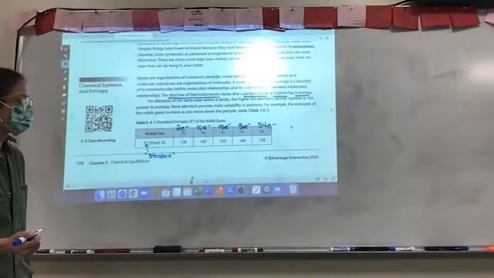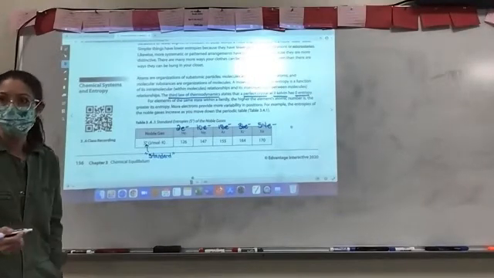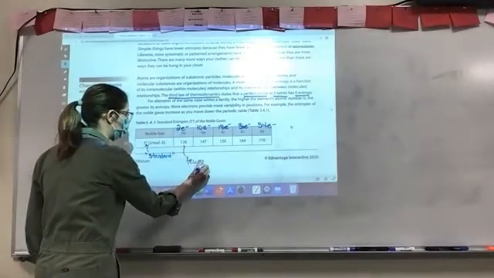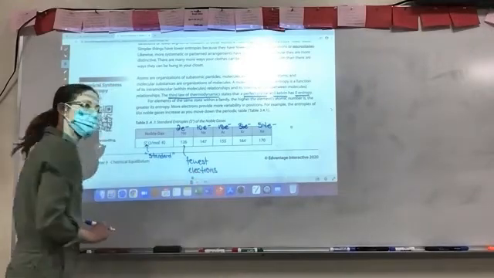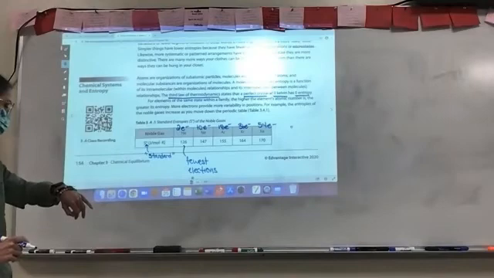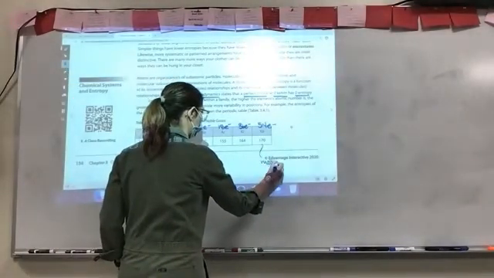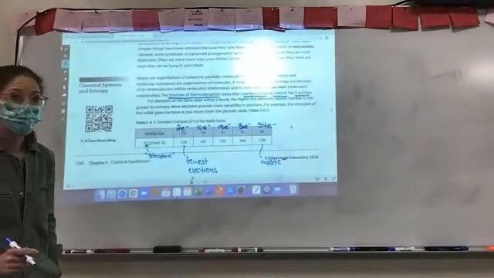Neon is 147, argon is 155, krypton is 164, xenon is 170. So you'll notice that here we have the fewest electrons in helium, and we have the lowest entropy. Over here, we have the most electrons in xenon, and we have the greatest entropy.